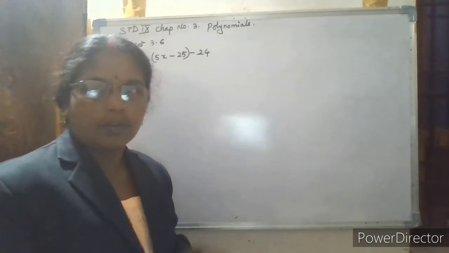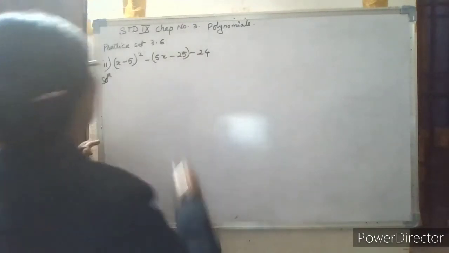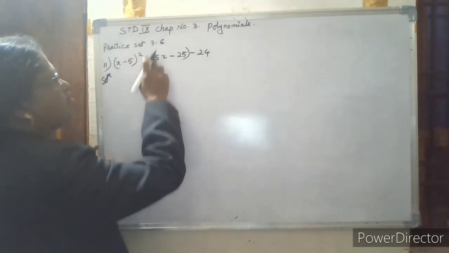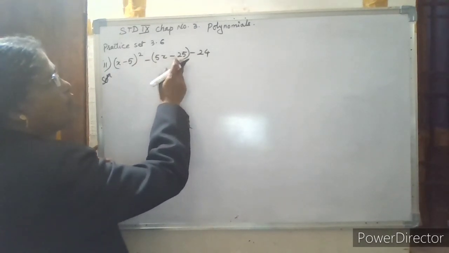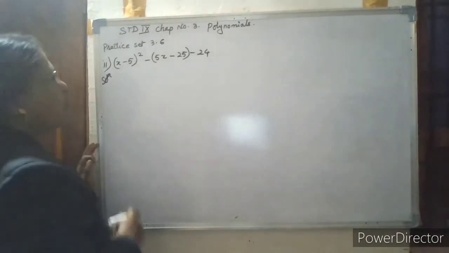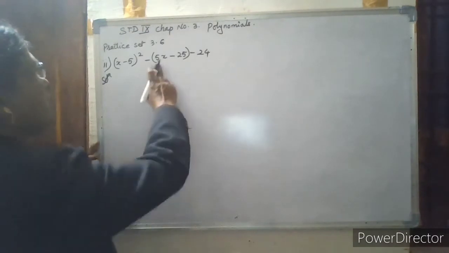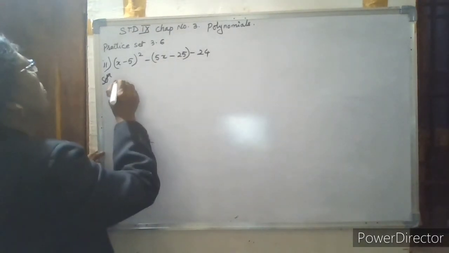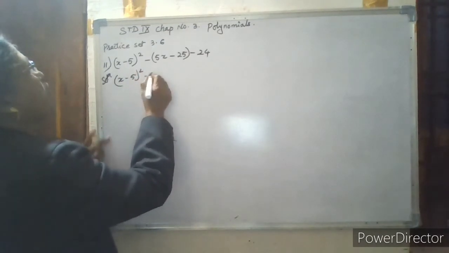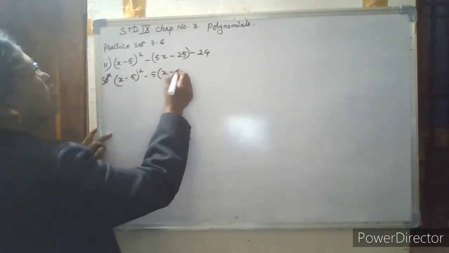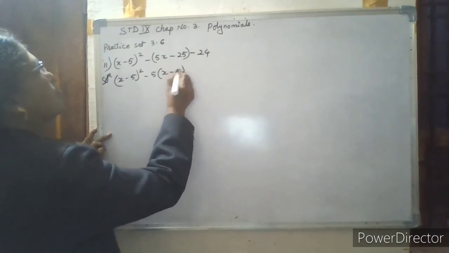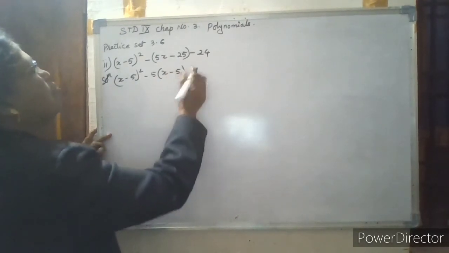Now let us solve the next question, that is the second one: (x minus 5) whole squared minus 5x minus 25 minus 24. We have nothing common here. So we'll try, see, we can take out 5 common. So (x minus 5) whole squared minus 5 into (x minus 5), that is 25, minus 25.